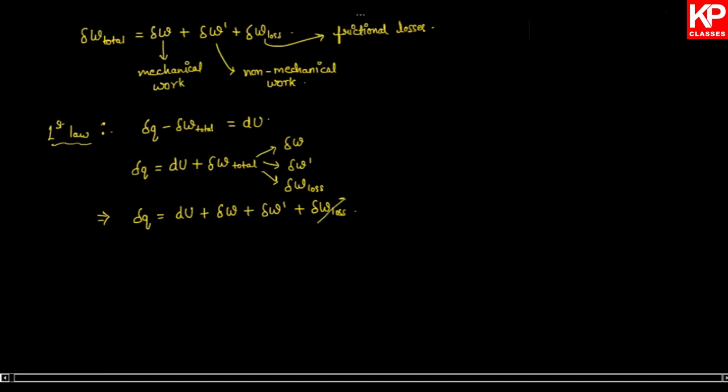So we can neglect this work term, and we will obtain the expression in terms of del W and del W dash only. Where del W is the mechanical work, which we have already calculated as PdV. And del Q by T gives dS.